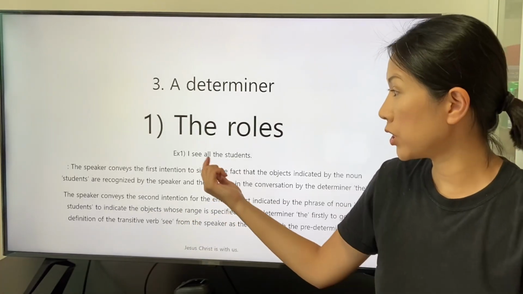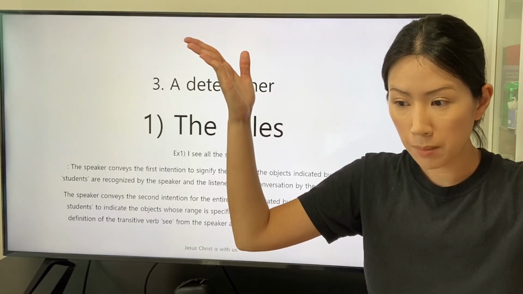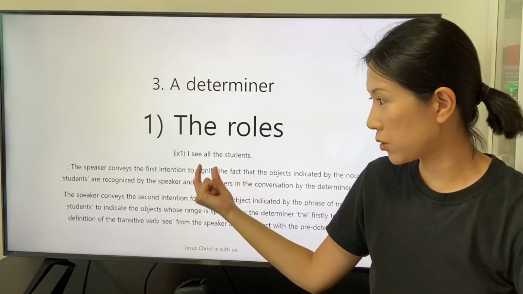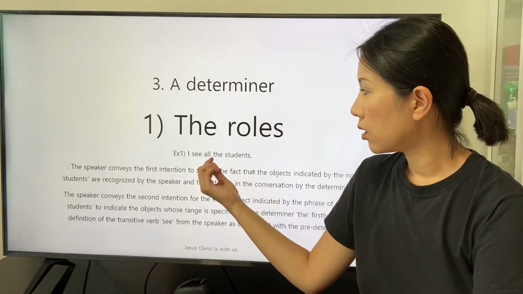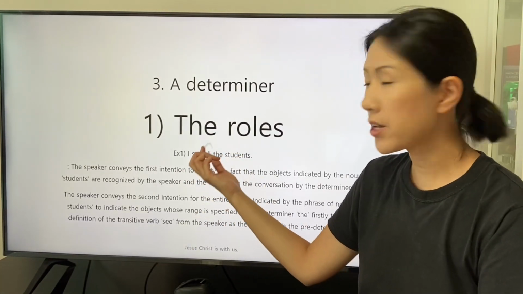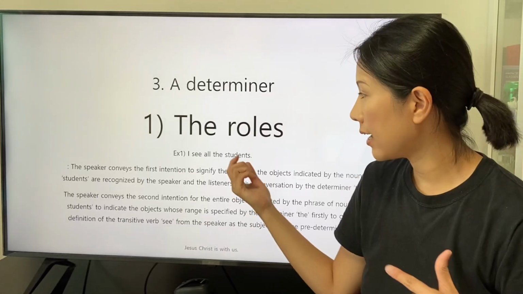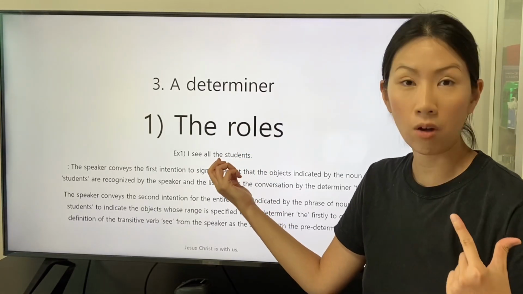We will start to make it narrow from the two descriptions by the predeterminer all and the determiner the.